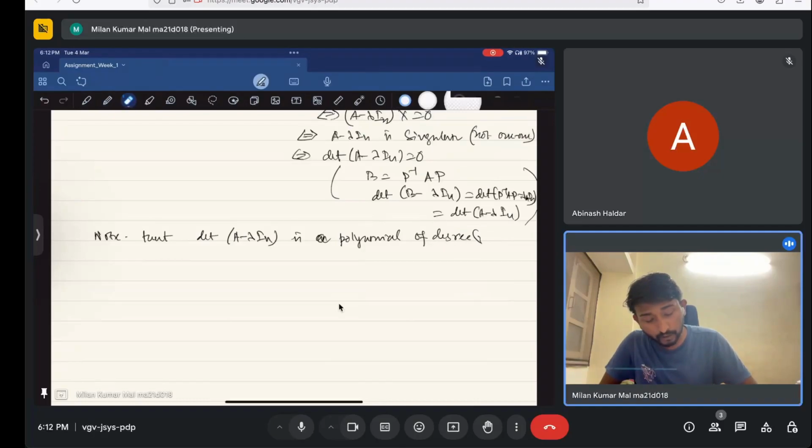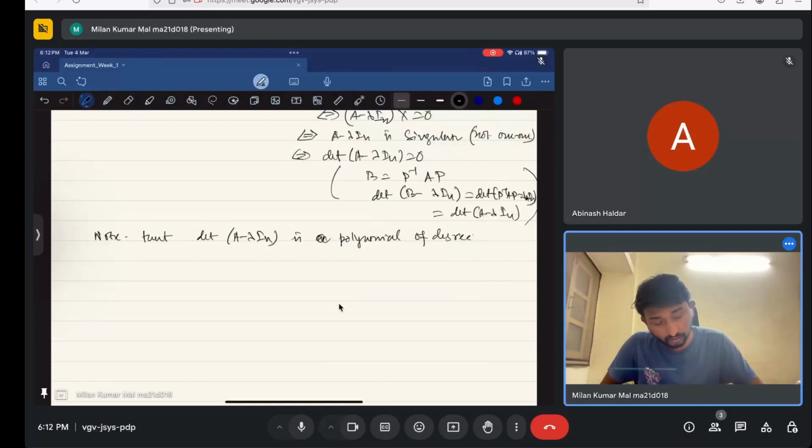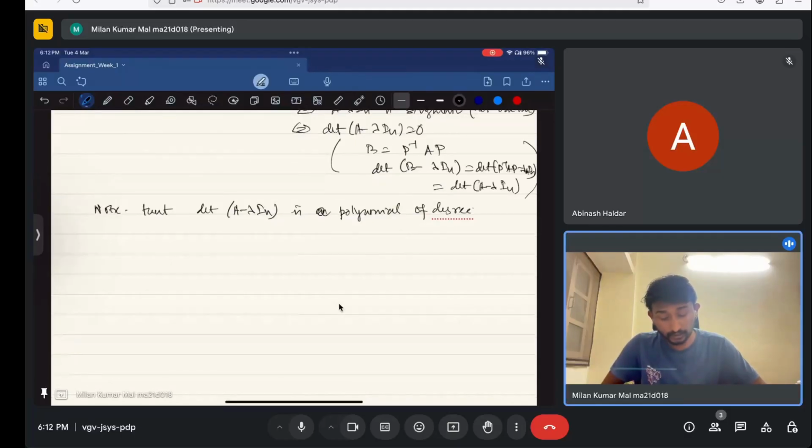Monic means the coefficient of the highest degree term, the highest power of the variable, is 1. I'll not write this one now, when I discuss something I'll write it.